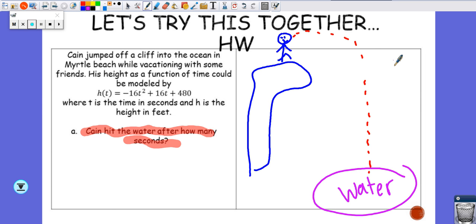And if I wanted to mathematically find out how high he was at a certain time, I would use this equation right here that they gave us. So his height at a certain time would be negative 16t squared plus 16t plus 480. So if I use this equation and I put in the time, I can find out what height he's at as he's traveling to hit this water.